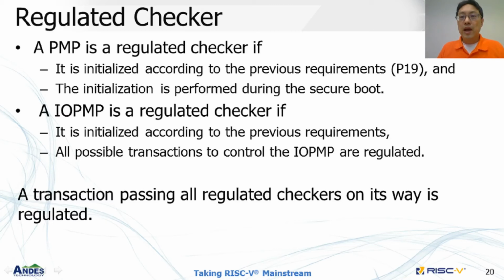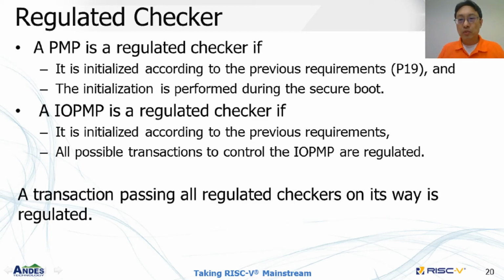For a regulated IOPMP, besides the previous requirements, its control register in an MMIO region should be accessed only by specific trusted programs, such as secure boot and the security monitor. To achieve this, one should use both PMP and IOPMP.